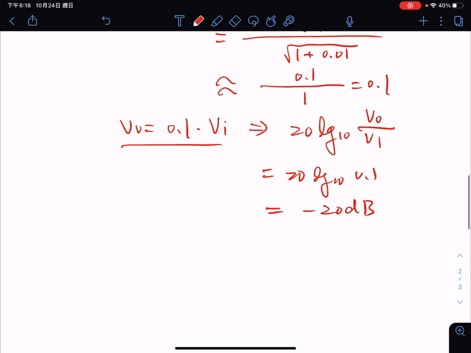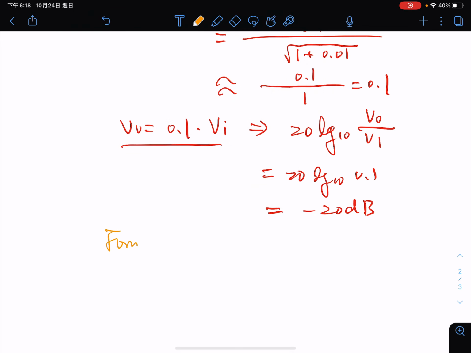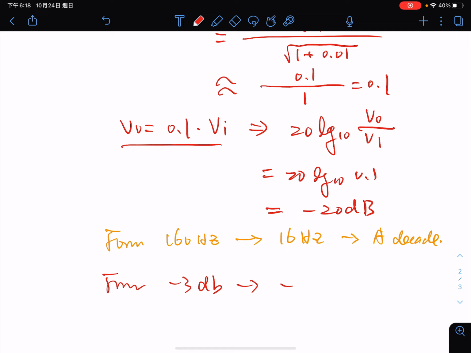So we go from 160 hertz to 16 hertz, which is a decade, but the amplification goes from minus 3 dB to minus 20 dB.